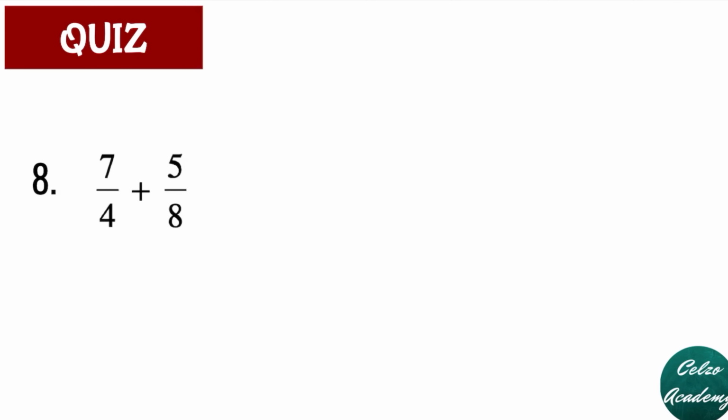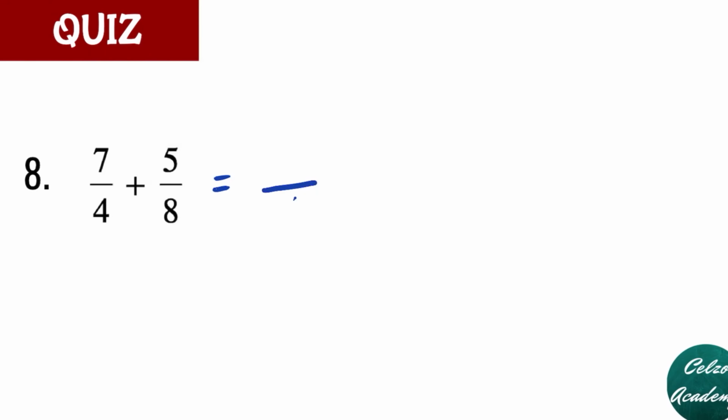Question number 8. 7 over 4 plus 5 over 8. For question number 8, I will use the first method, and that is by getting the LCD. The LCD for this problem is 8, because I know that 4 can go into 8 twice, so I need to multiply the first fraction by 2, both numerator and denominator. 7 times 2 is 14, 4 times 2 is 8, and then I will copy 5 eighths.